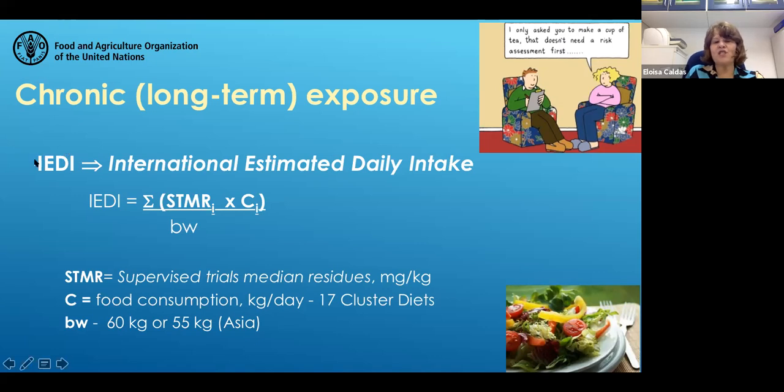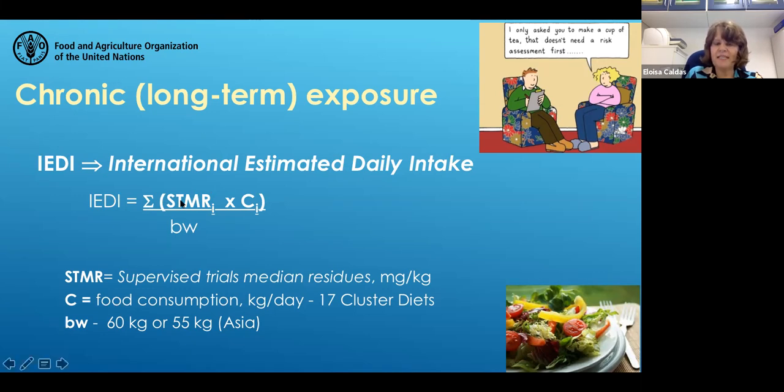And the chronic exposure at GMPR is called International Estimated Daily Intake. There is a symbol here that means that we have to consider the intake estimated by the consumption of each crop, food, for which there is an MRL recommendation.